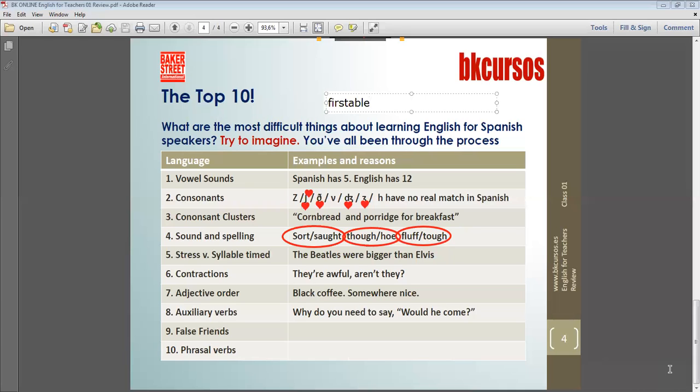I think it certainly could be. Monica, can you think of another false friend? Sensible and sensitive. Yeah, sensible and sensitive. Okay, Christina, another one?